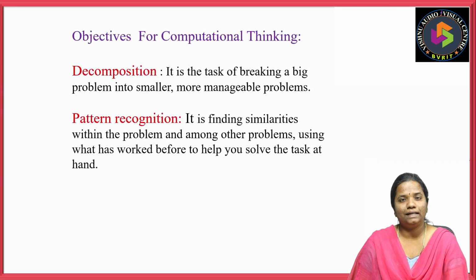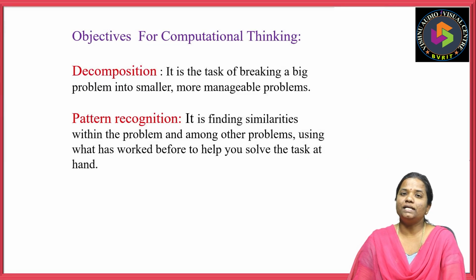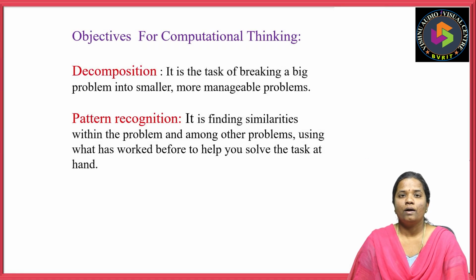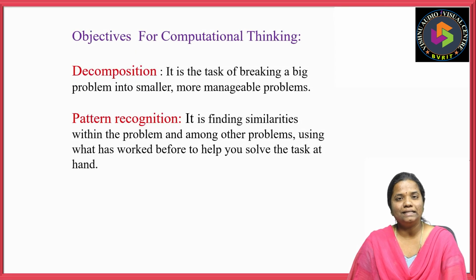First one is decomposition. Decomposition is used to break a complex problem down into simple problems which are easier to solve. That is nothing but decomposition. This technique is used in programming to help write large complex programs easily by breaking them down into simple ones, which are very easy for the programmer to solve.